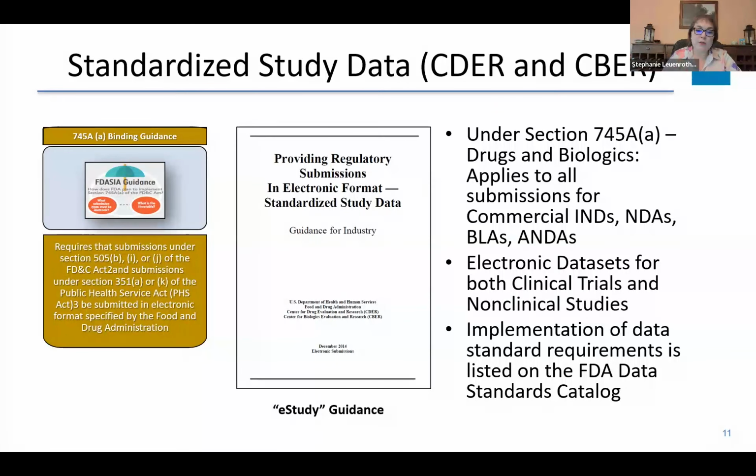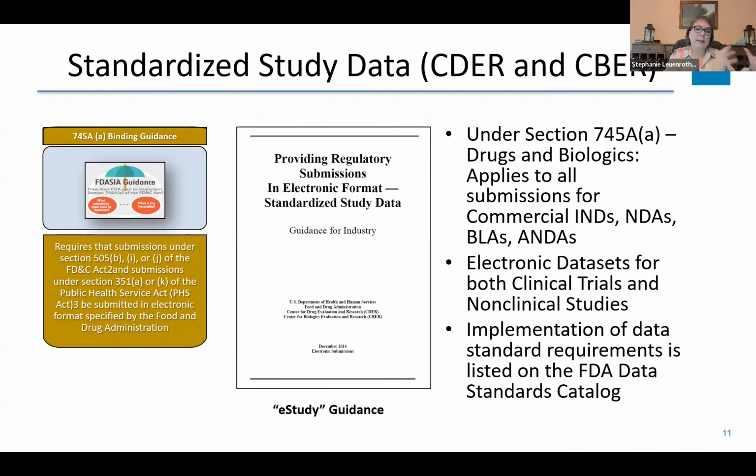It also goes into quite a bit of detail around how the implementation of the data standards requirements is listed on the FDA Data Standards Catalog. In the beginning, a certain timeline was established. We have updated this guidance since that original December 2014 publication, and I'll get to that in a minute as well.